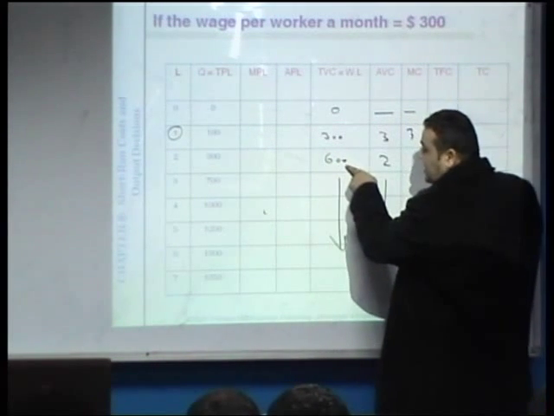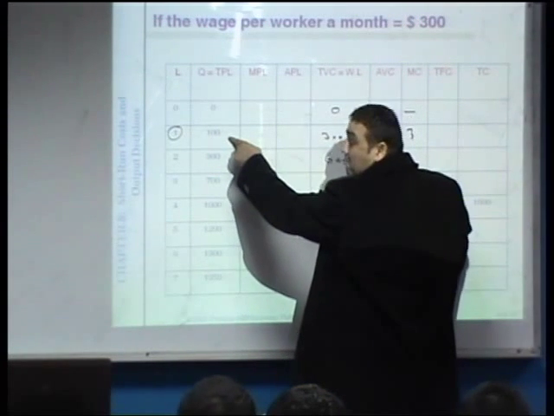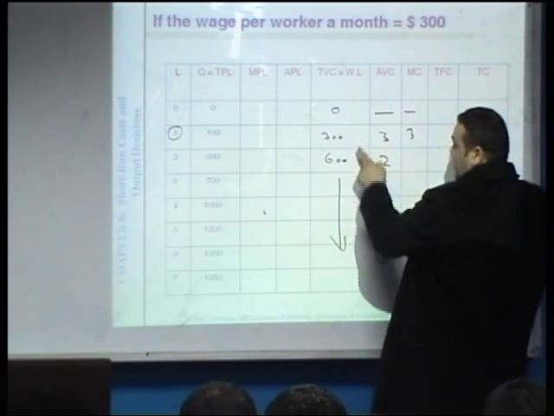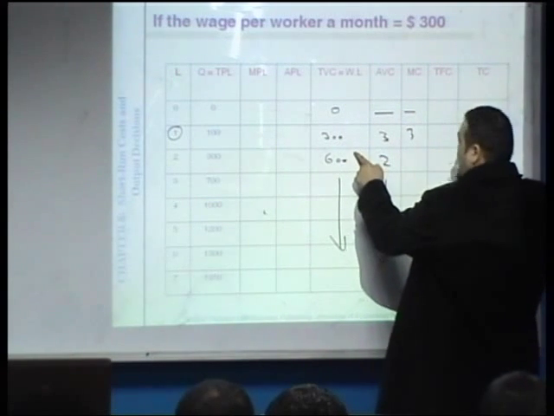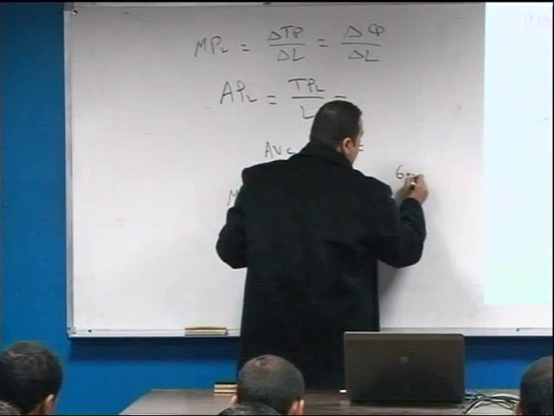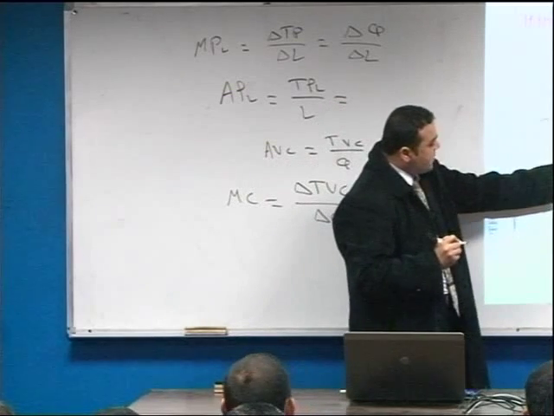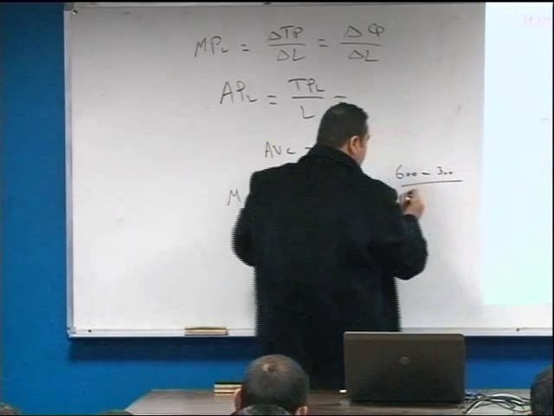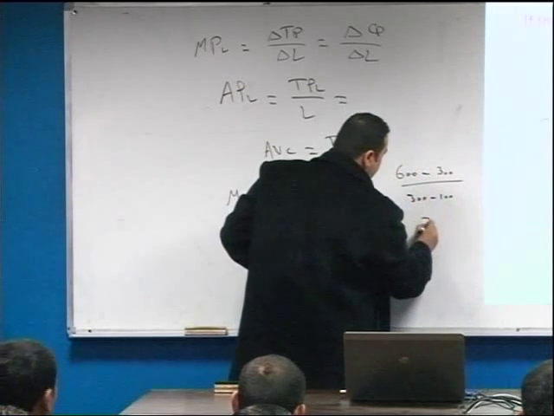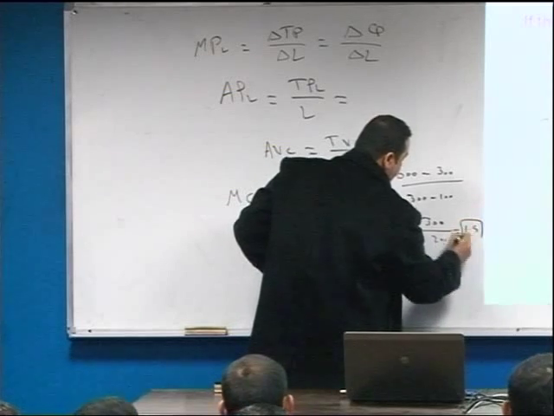Then 600 minus 300 over 300 minus 100, how much is that? Let's do the calculation. 600 minus 300 is 300, over 300 minus 100, equals 300 over 200 equals 1.5.